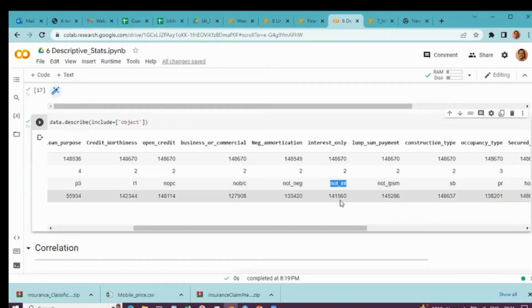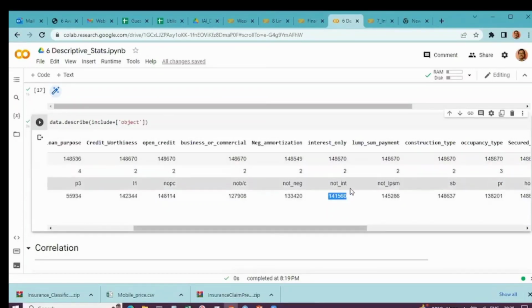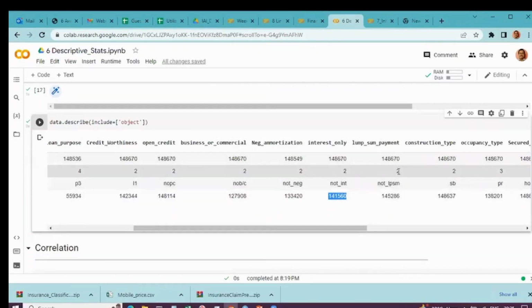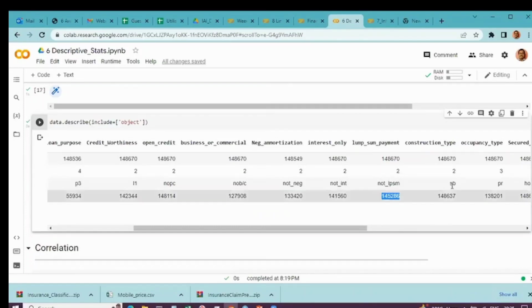We are having 1,41,000 observations. So typically around 7,000 is interest only kind of things. Lump sum payment, again the same, only two categories. 1,45,000 are not lump sum, so which means still 3,000 are falling under the lump sum, which is pretty much a fine number. Yeah, look at this one.